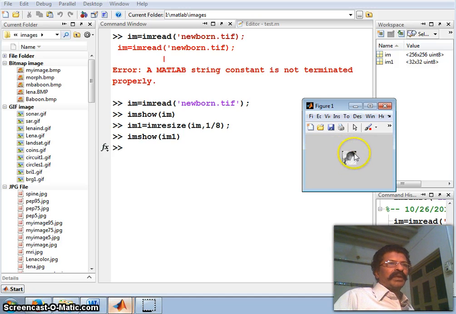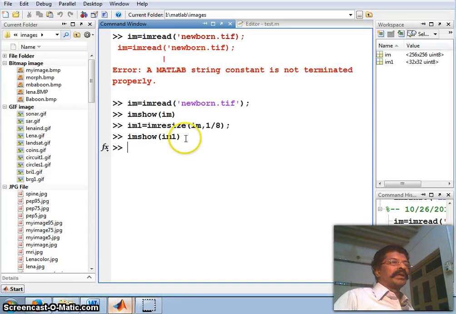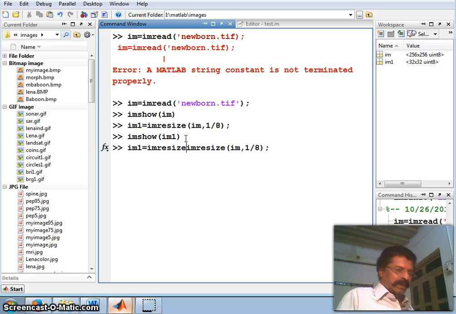But as per the definition of resolution, we should have the unit distance. Therefore, even though we reduce it to 1/8, we shall again resize it to the original size. So again I apply the imresize command. You reduce it, and since I want the unit distance, I make it the actual size.